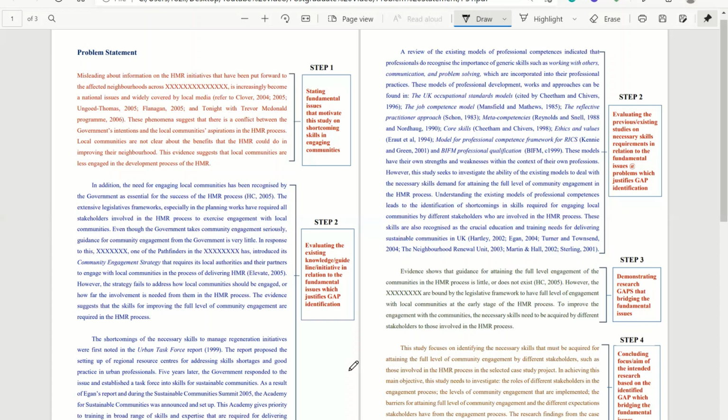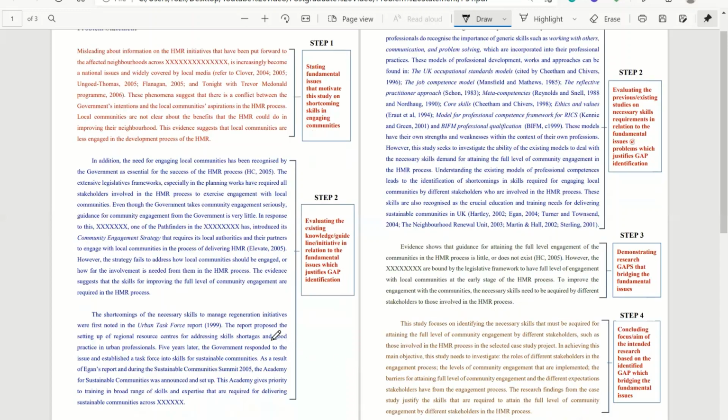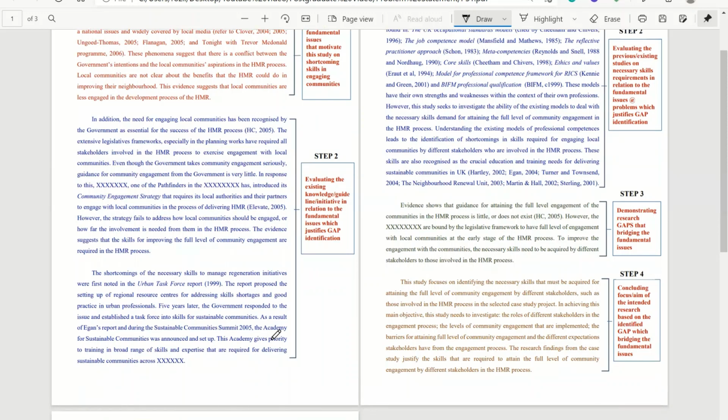All right. So when I read the second paragraph, it comes to me that there is an initiative by the government with regard to engaging the community. So this is what is discussed in the second paragraph.